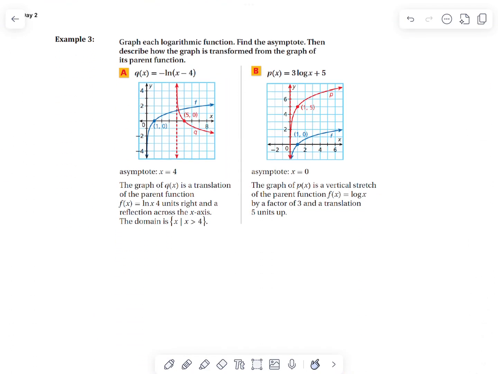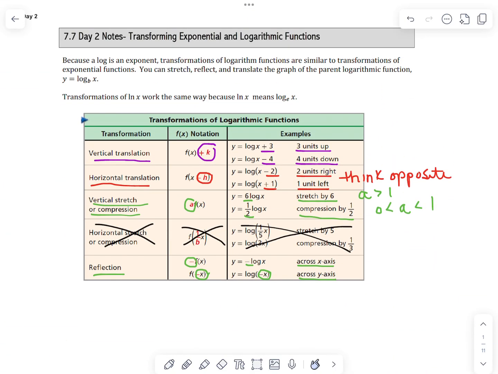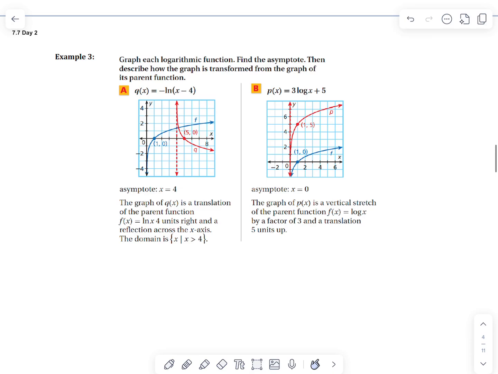Example 3, graph each of the logarithms and find the asymptote and then describe it. So if we look back at this chart, these are the transformation rules for our logarithms. So this first example is the child function, and we want to describe the two transformations that exist.